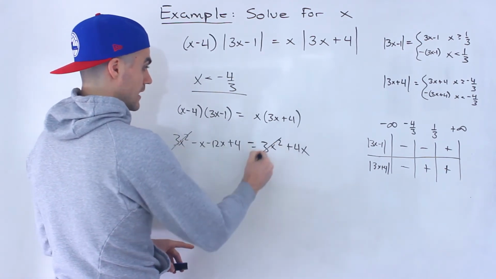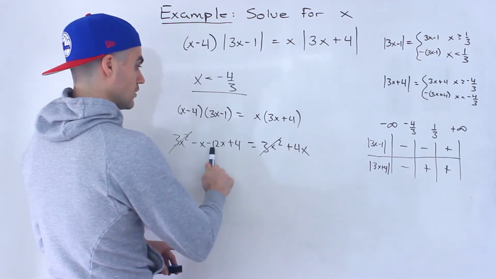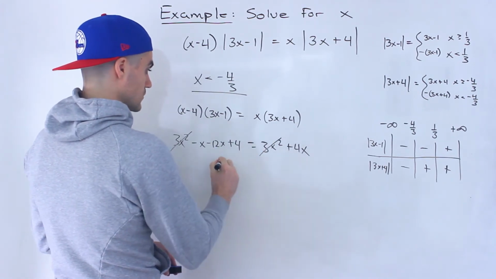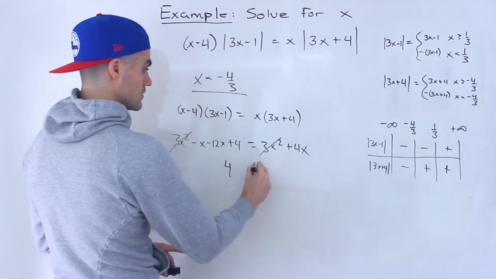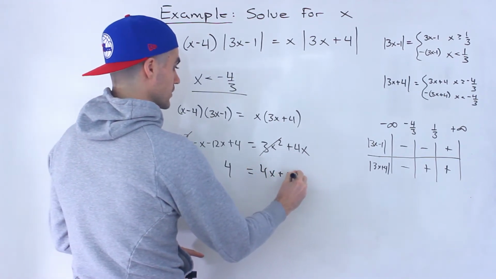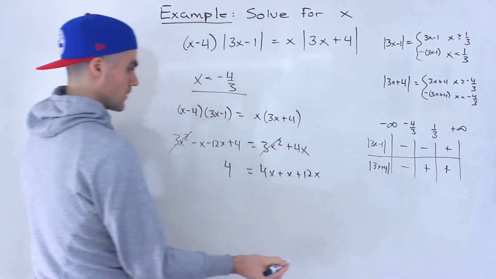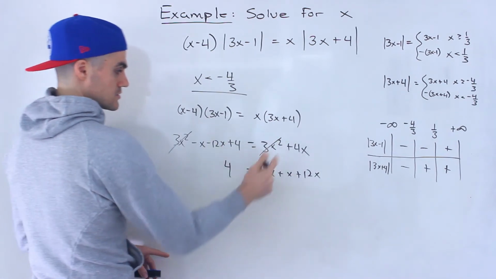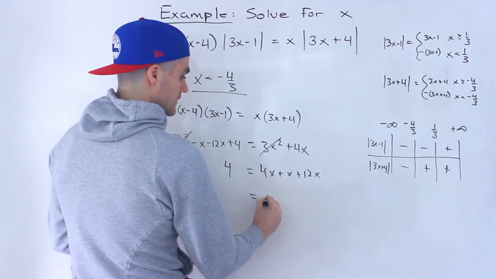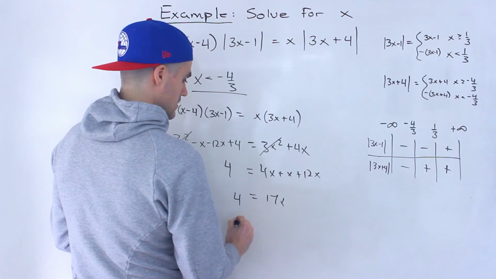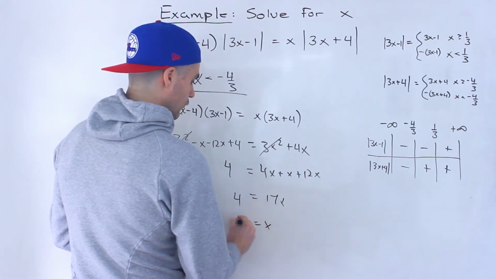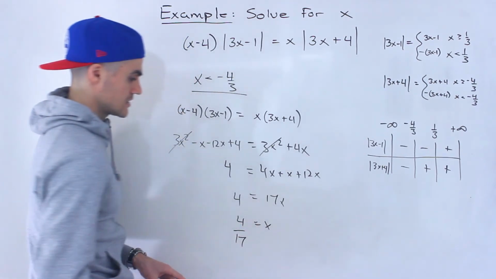Then I'm going to bring all of the x's to the right side. So we'll have 4 equals 4x plus 12x, like that, when we bring these two to the right side. Here we'll have 16x, wait, 17x. So x would be 4 over 17, like that.